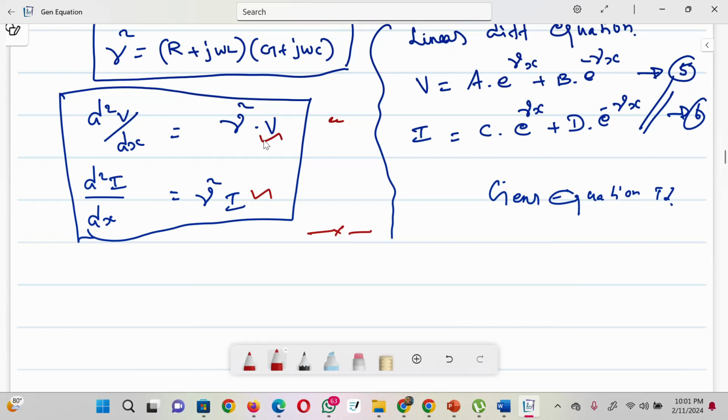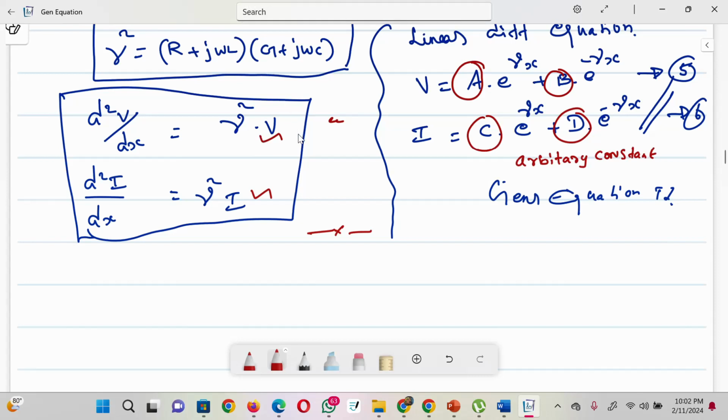Already you know that from the linear differential equation, A, B, C, D are called arbitrary constants. Our task is to calculate the value of the arbitrary constants by applying different kinds of mathematical steps.